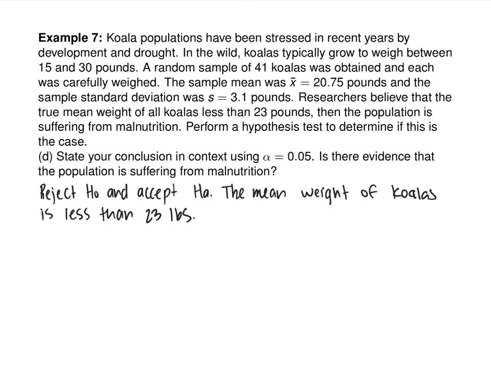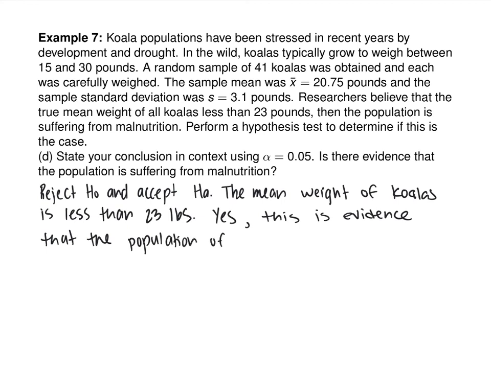And is this evidence that the population is suffering from malnutrition? The answer is yes. Because if their weight is less than 23 pounds, then they are. So yes, this is evidence that the population of koalas is suffering from malnutrition.